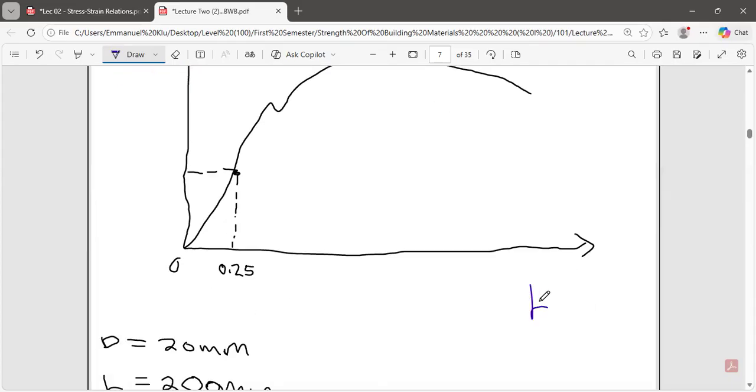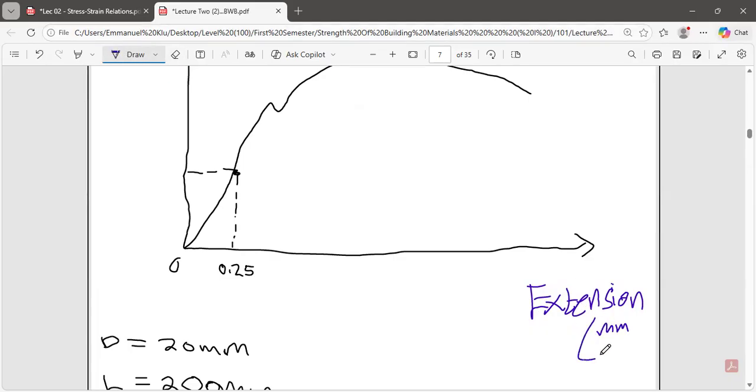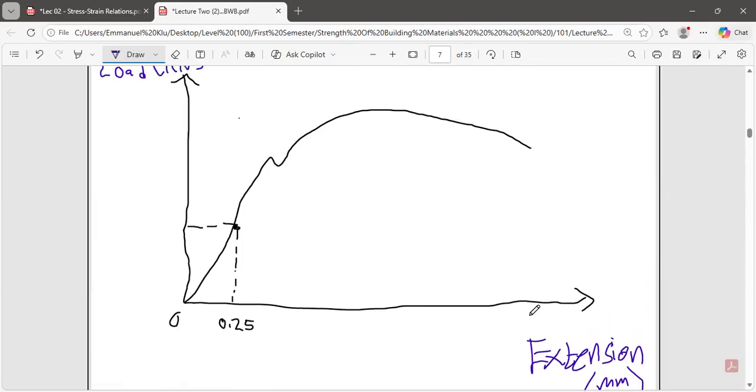This will become our extension, in millimeters. It is over here, millimeters. So, nicely.